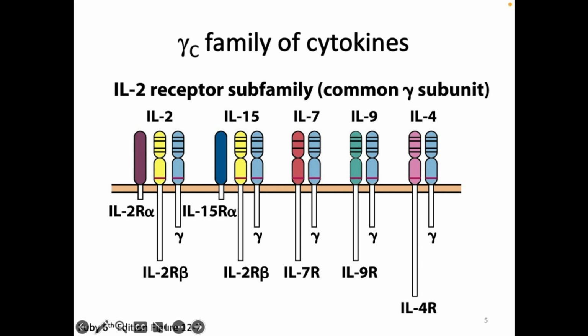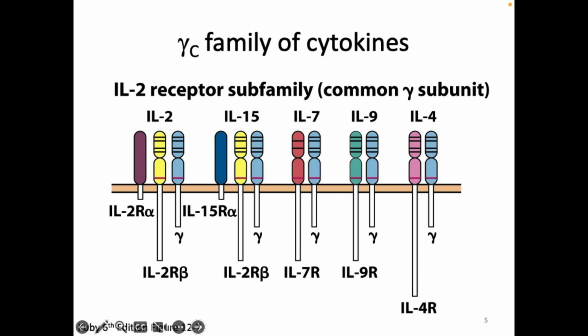We're going to be thinking right now about IL-2 and IL-2's receptor. One of the reasons why I like to introduce you to the entire common gamma chain family of cytokines here is that there is a very famous immunodeficiency disease where patients have a mutation in the common gamma chain.